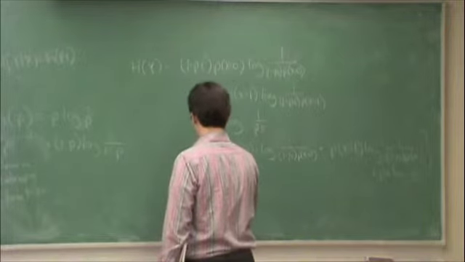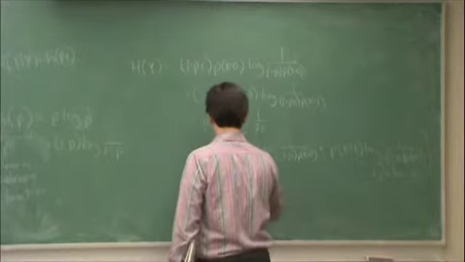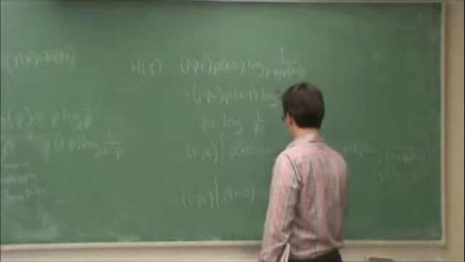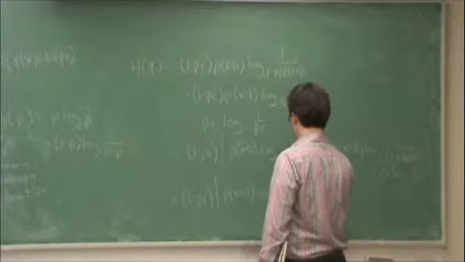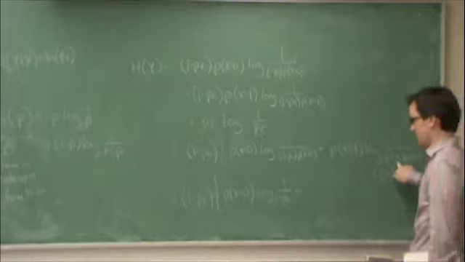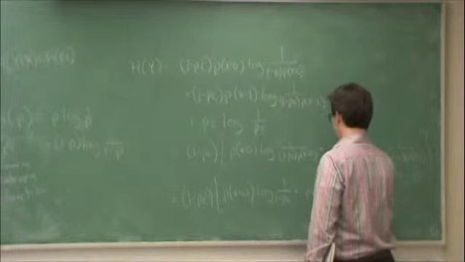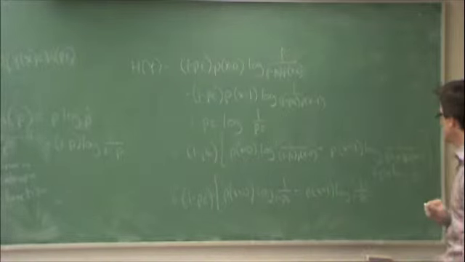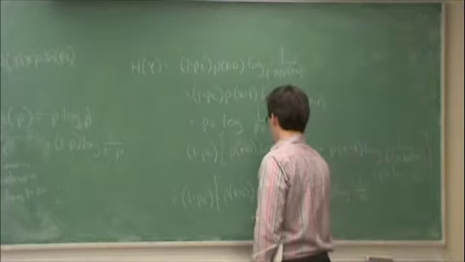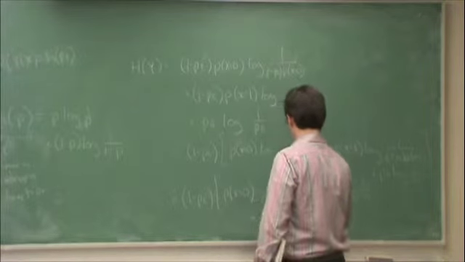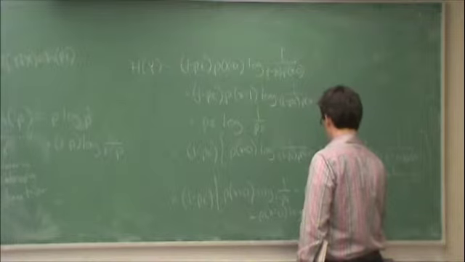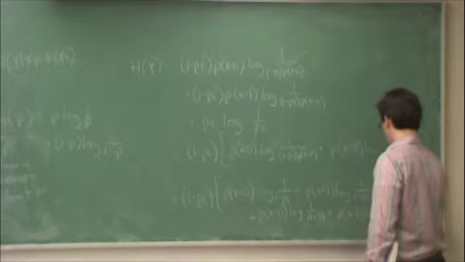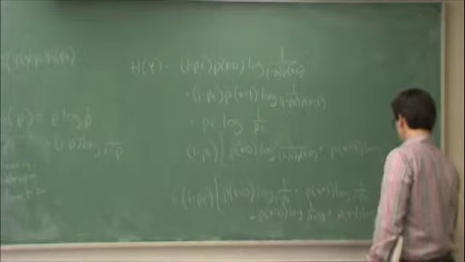So I get 1 minus PE, P x equals 0, log 1 over 1 minus PE, plus, I can take the same term out from this side, P x equals 1, log 1 over 1 minus PE, and then the remaining term, plus P x equals 0, log 1 over P x equals 0, plus P x equals 1, log 1 over P x equals 1.